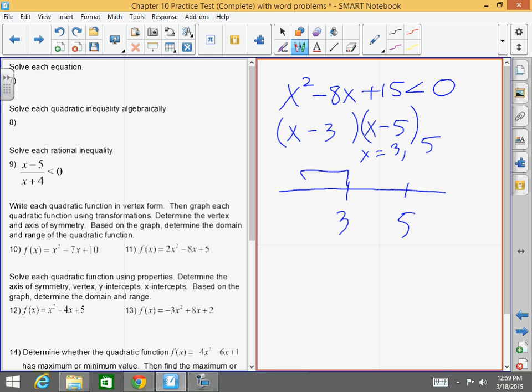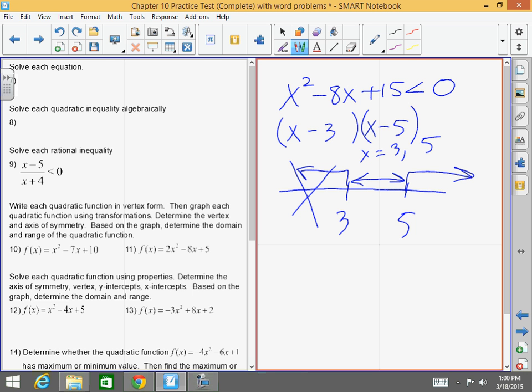It's testing to the left, in between, and to the right. When I test to the left, I'm going to put in 0. Well, I got 0 plus 15. That's 15. Is 15 less than 0? No. Between 3 and 5 is 4. 16. 16 minus 32 is negative 16. Negative 16 plus 15 is negative 1.